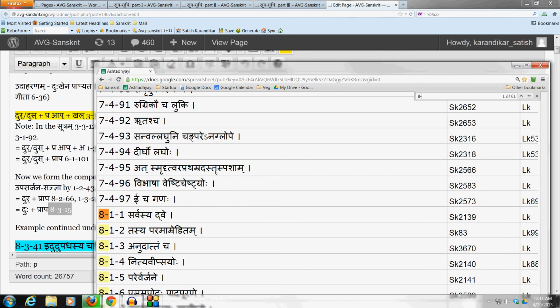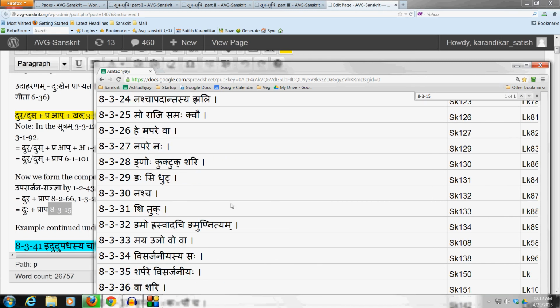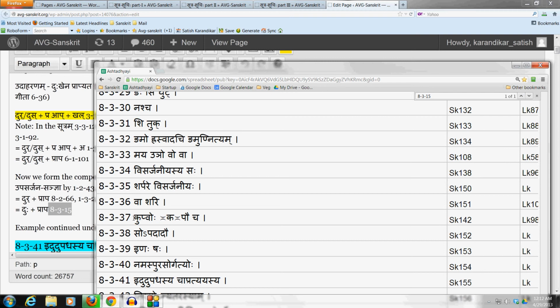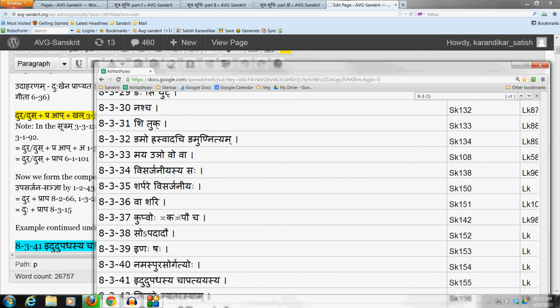At this point we need a sutram to replace this visargaha by a murdhanya shakara deshaha. Because otherwise what would happen is that by the sutram kupvoh kahpau cha, which is 8.3.37, we would have got two forms. One in which the visargaha stays as visargaha, another in which the visargaha is replaced by the upadhmaniya. So we would have duh prapa or duhprapa.